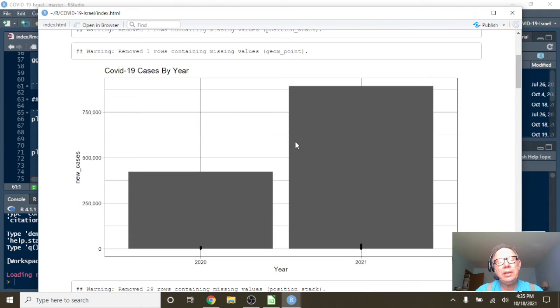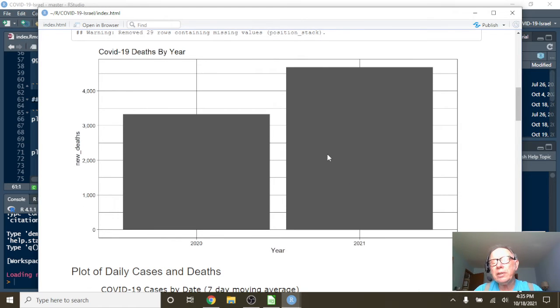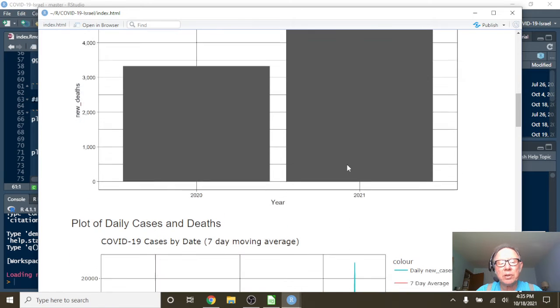You can see here your cases for 2021 have more than doubled the 2020 numbers, but this number could be a little misleading because it doesn't tell us exactly when these cases occurred. Plus, we don't know how many people were vaccinated. So I think you're in for a pleasant surprise once we get into the finer detail. Again, deaths surpassed 2020 for COVID-19. How many of these people were vaccinated, and what's the distribution of these deaths over time?